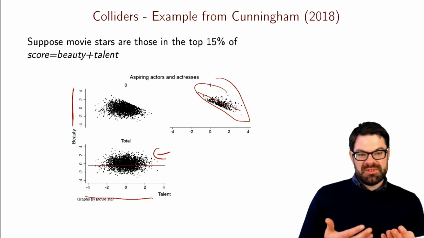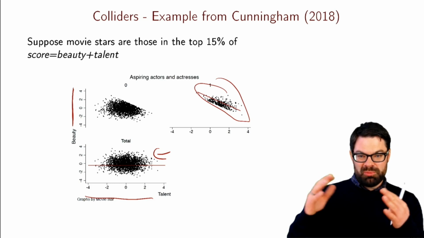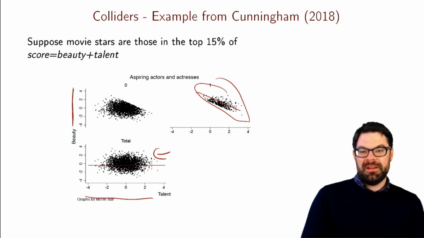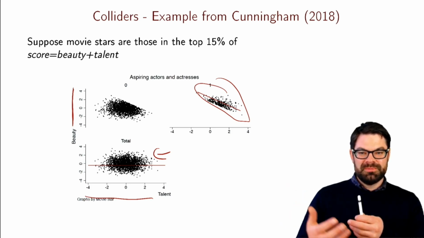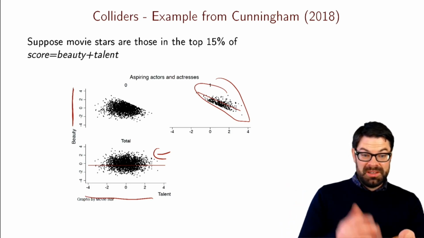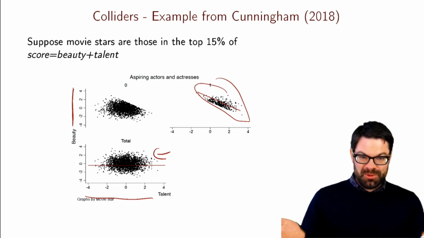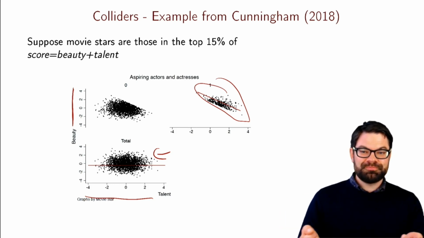But if you want to do a study that is representative of the broader population and say, here, I have data on movie stars and look, that's what I find, you actually have to live with or deal with the fact that you have a collider bias problem.